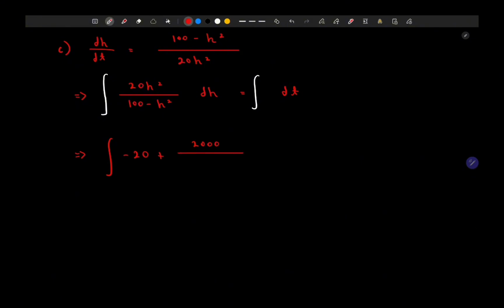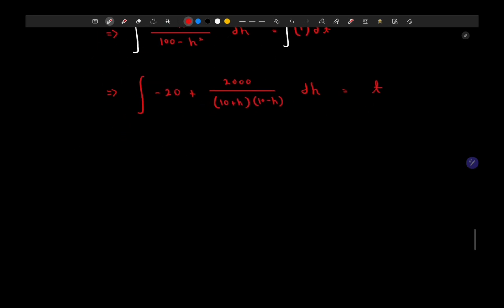So 100 minus h squared, we can write it as 10 plus h and 10 minus h, dh. Integrating this, we know that there is a 1 in this part. Integrating this will give us t. Now integrating this will be much harder, but we can write it as partial fractions.